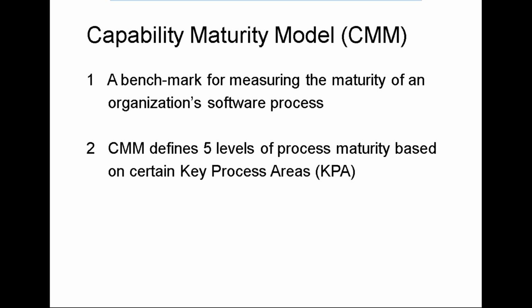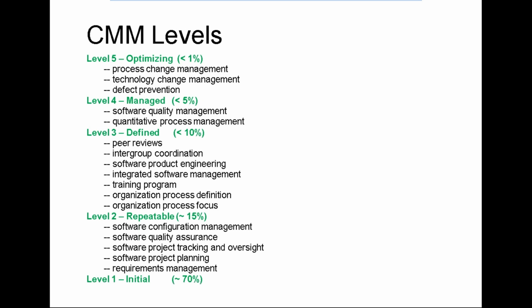CMM has its own metrics and key process areas, which define what a company is. On a high level, they have defined 5 levels: CMM level 1, 2, 3, 4, 5. Now, what does CMM level 1 mean? It's the initial level where you don't document everything.